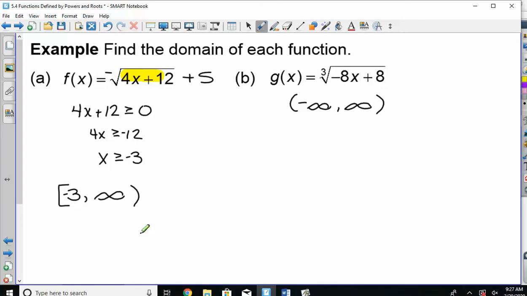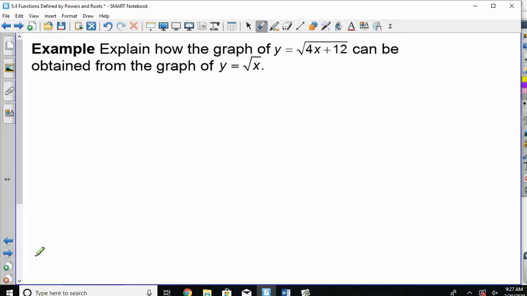Anything else? If it's an even root, like square root, fourth root, sixth root, and then an odd one is third root. Exactly. Anything else? Last thing.